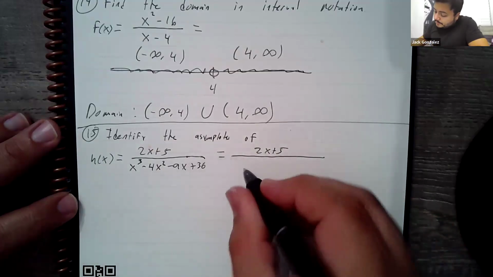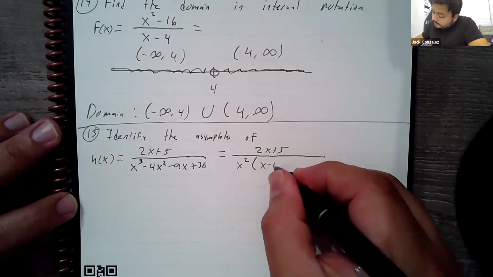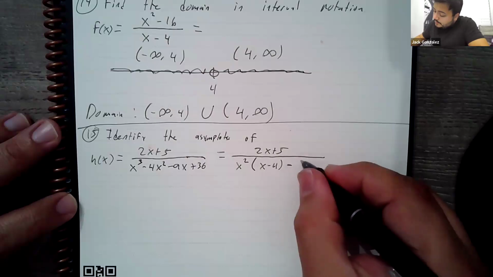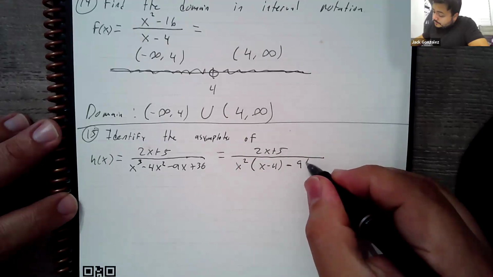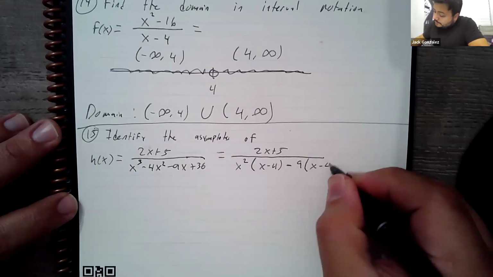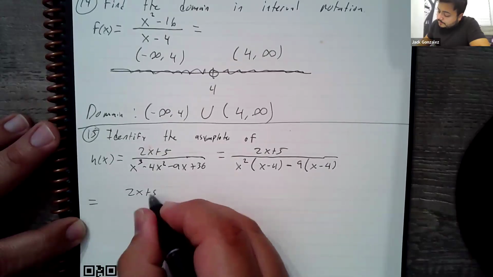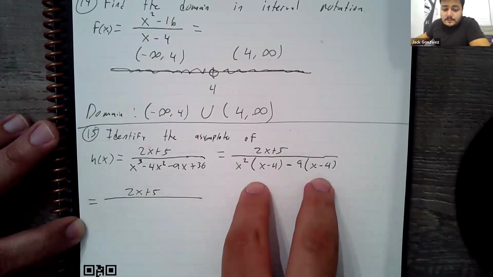These two have x squared in common, so factor out x squared. X minus 4. Factor out negative 9 out of these two. That'll give us x minus 4, so that'll be 2x plus 5. Factor x minus 4 out of both.